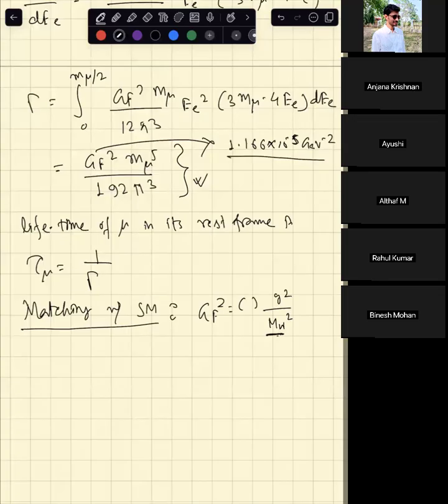So that's a consistency check: we do not consider the Fermi theory now as an independent one, but as a low energy limit of some standard model prescription. So this information is embedded within the standard model.